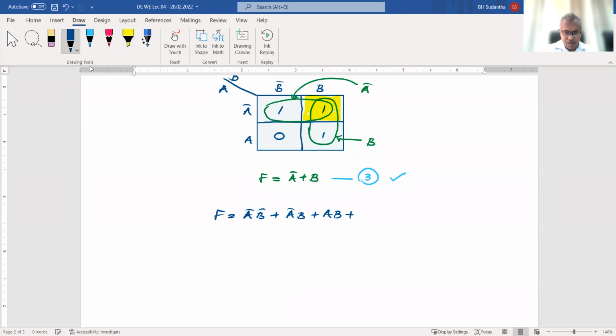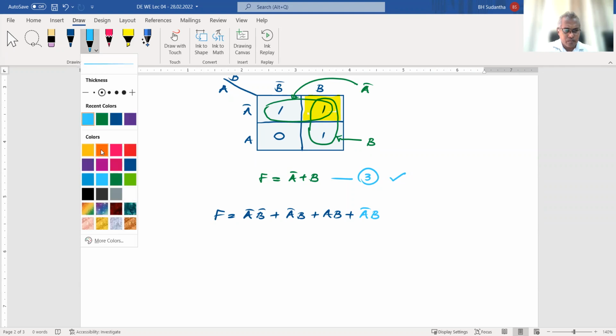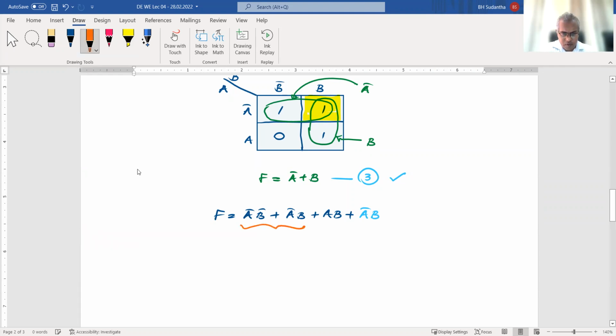Then covering this A bar B 2 times means actually we have this term again: A bar B twice. Then from these two, we are receiving A bar. From these two, we are receiving B. To do that, we need this A bar B again. Is it okay? We are doing some kind of minimization, but to do that, we have added another term to the equation. Is it okay?